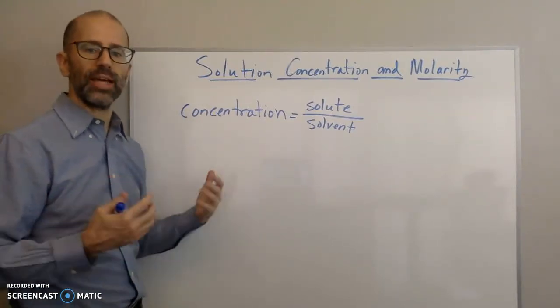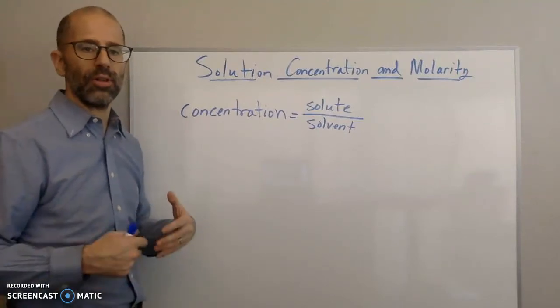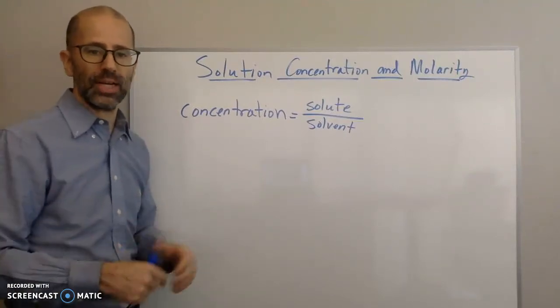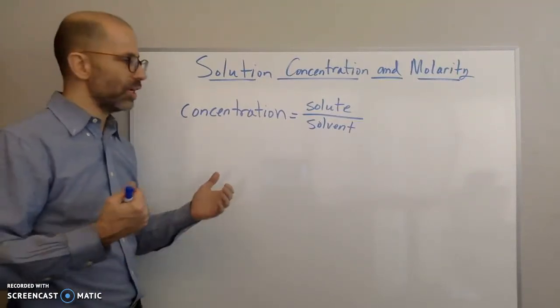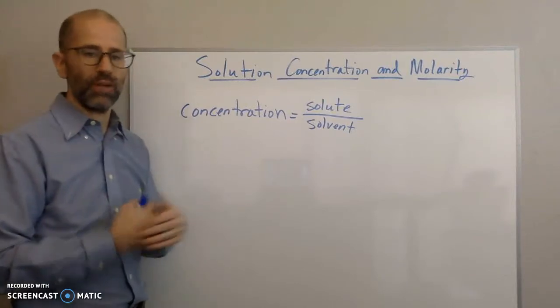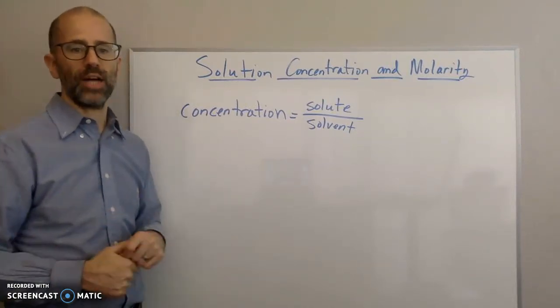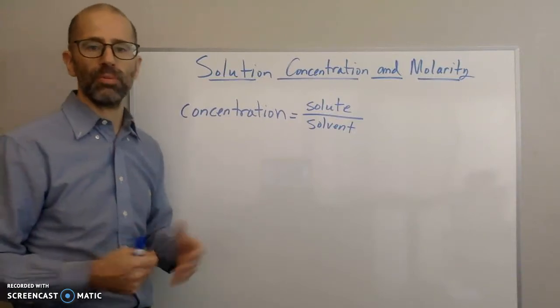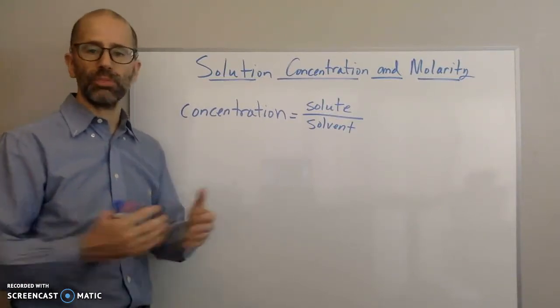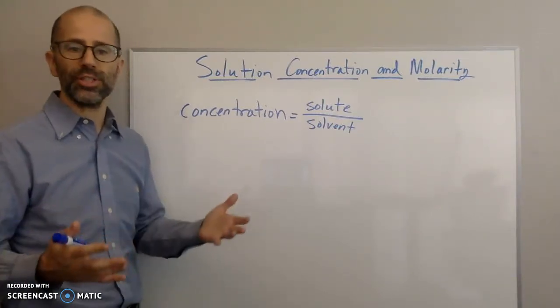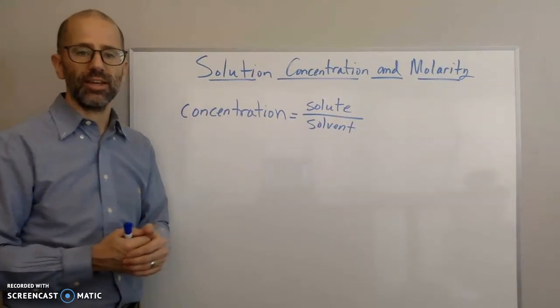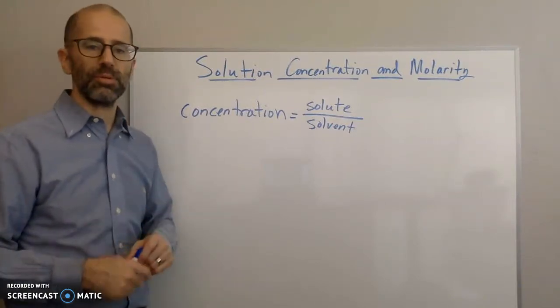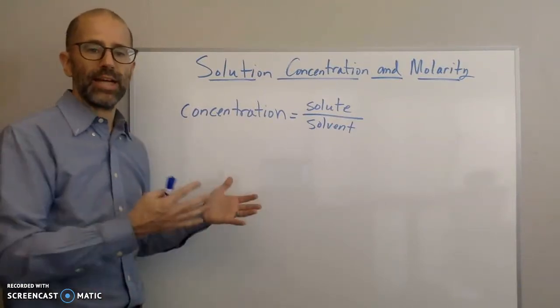And there are different ways of representing the concentration. How do we represent concentration? We could do concentration in terms of percent volume. We can do concentrations in terms of parts per million, parts per billion, parts per whatever percent. We can think about it in terms of percent mass volume or whatever.